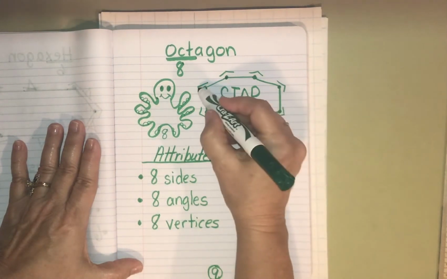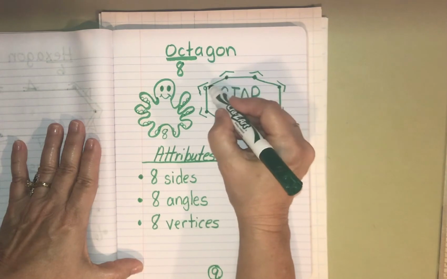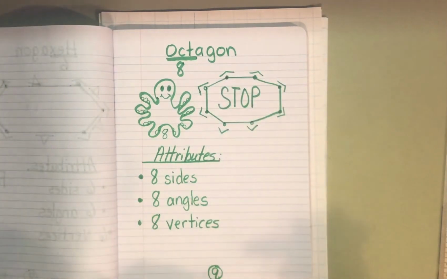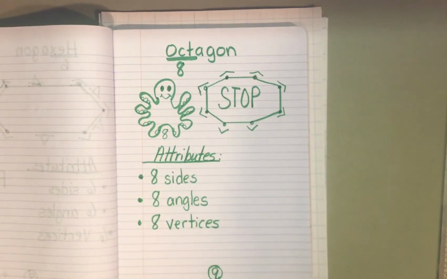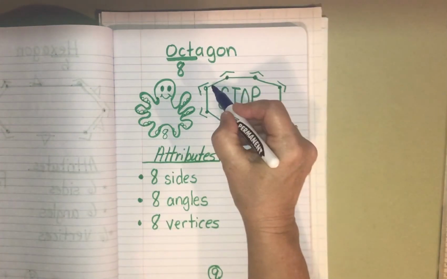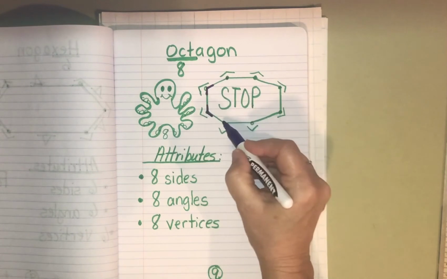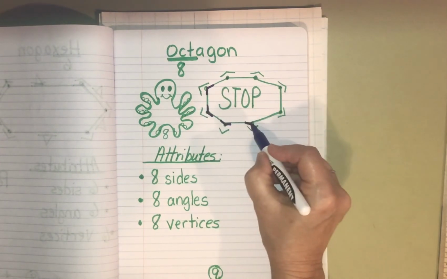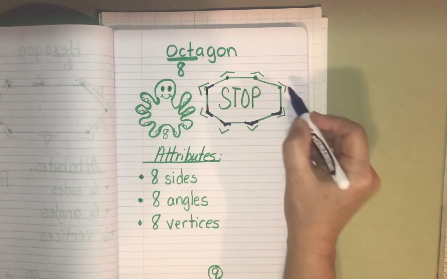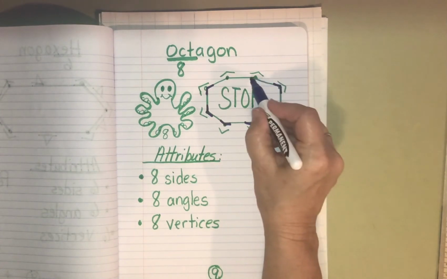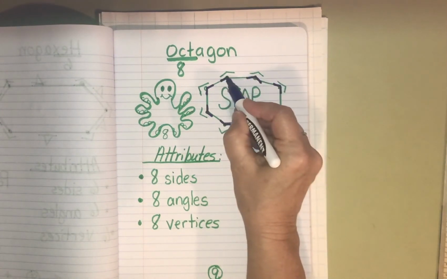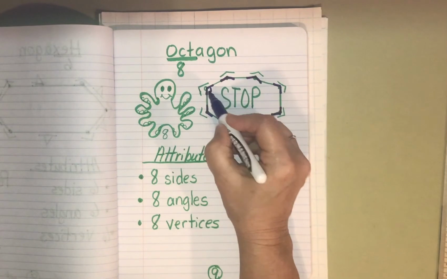Now, if you look at those shapes, I'm going to get a different color just to show you guys today. All right? If we're taking a look at those angles, look at that. Not only do we have 8 angles, but what angle is that? It's not the right angle, because I could not make a square out of that.